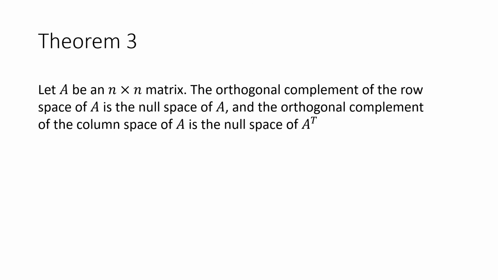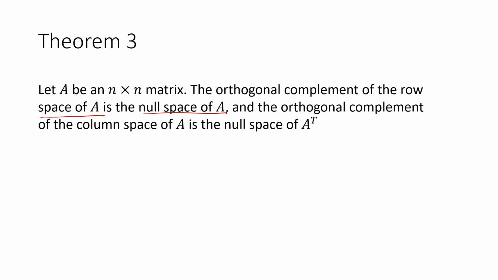There's even more behind these connections in terms of orthogonality. Take the row space of A, of your matrix. Take the null space of A. Those are orthogonal complements. In other words, every vector in the null space is perpendicular to every vector in the row space.